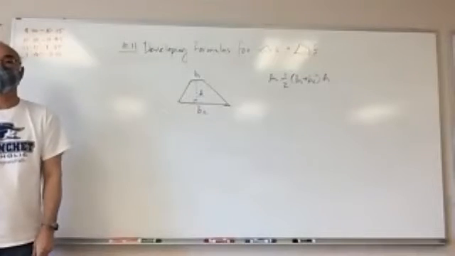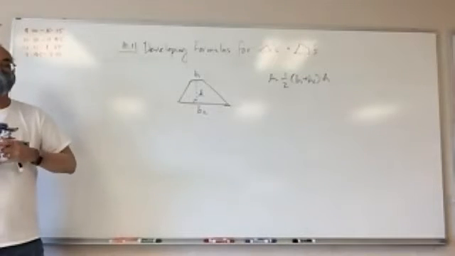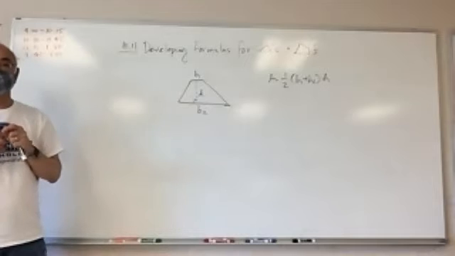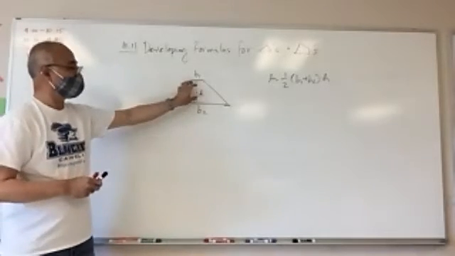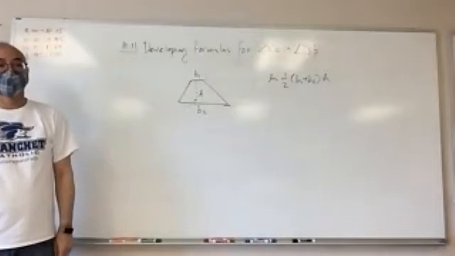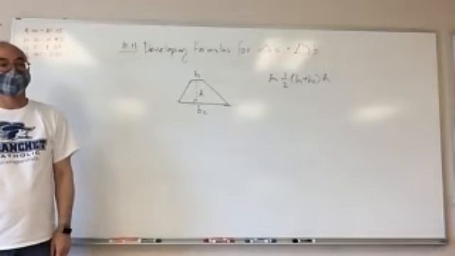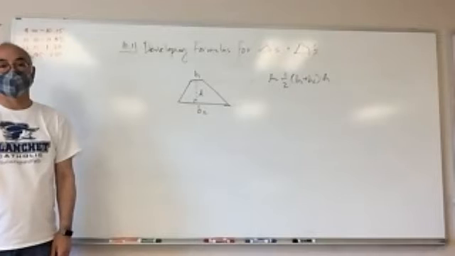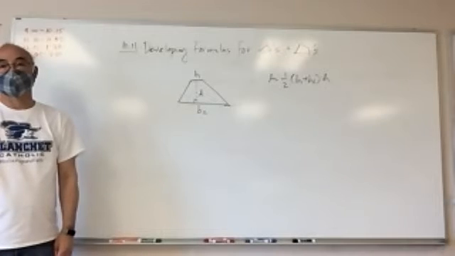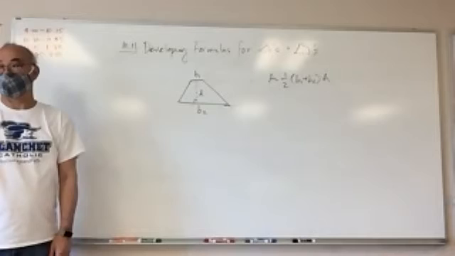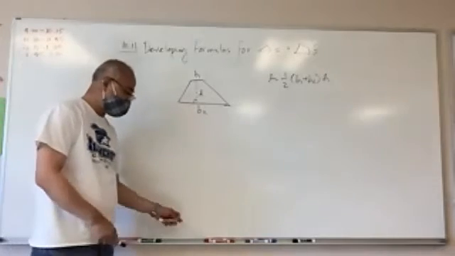Can you see two congruent trapezoids there? I just took this guy, rotated it around, and put it together. What kind of shape do I have now, the total thing? Can you see that it's a parallelogram? What was the area of the parallelogram?